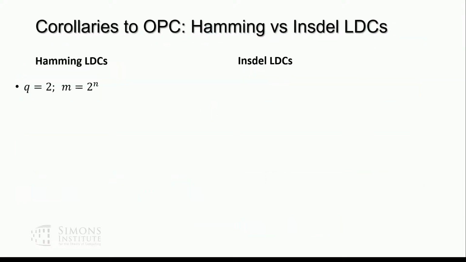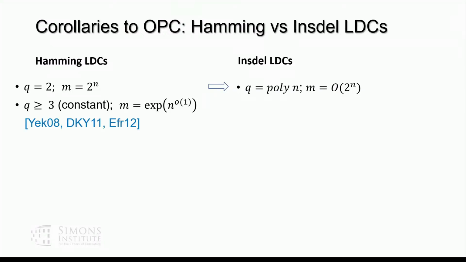So let's quickly see what this reduction gives us in terms of INSDEL LDC trade-offs. If we take a Hamming LDC with query 2 and exponential length, we essentially get nothing interesting, so we can skip it.